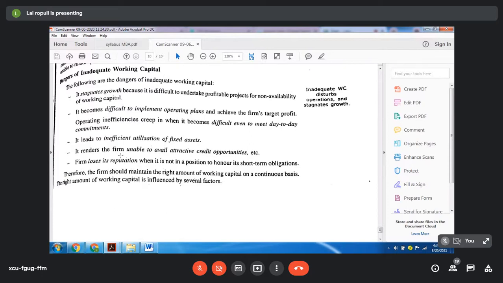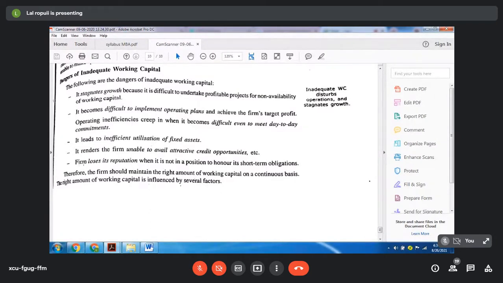It renders the firm unable to avail attractive credit policy opportunities. For example, if there are suitable projects that the firm can take up, but you don't have sufficient funds to run them, then you fail to avail attractive credit policies.